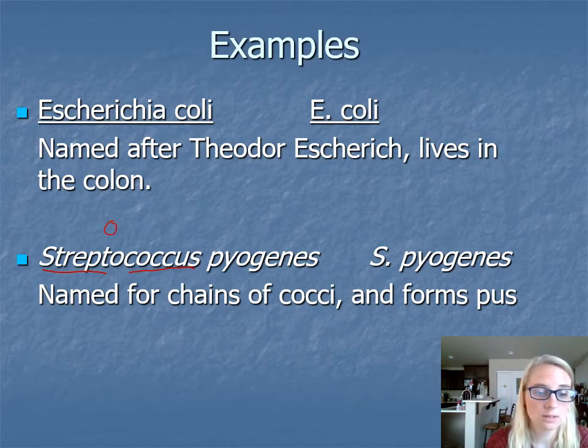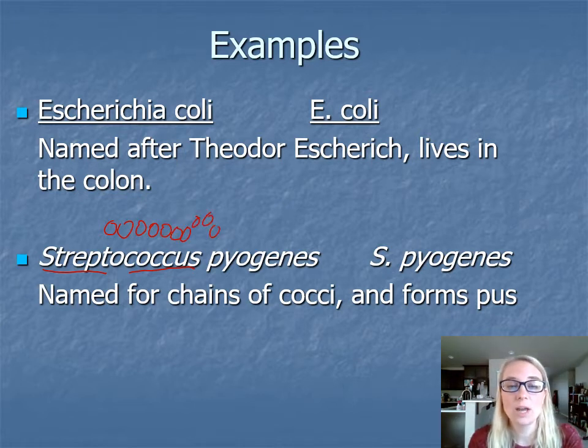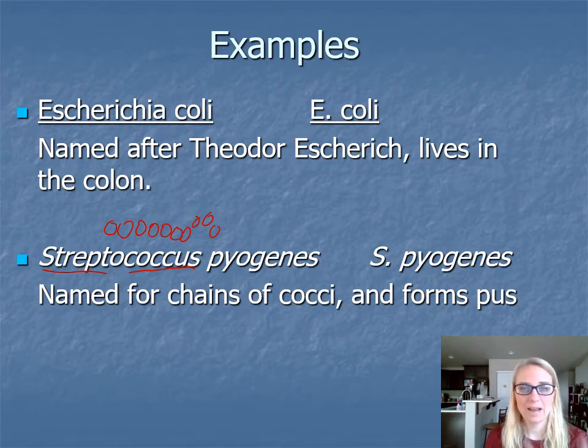So Streptococcus might look something like this, a whole bunch of bacteria in a chain. And then pyogenes is a root word that means pus. So if you get an infection with S. pyogenes, typically the wound is going to be gross and pussy. Ugh, yeah. So those are examples of scientific names and how to properly use them.